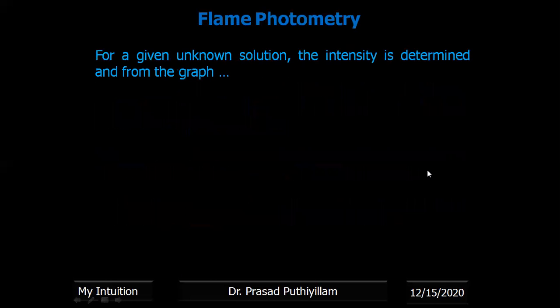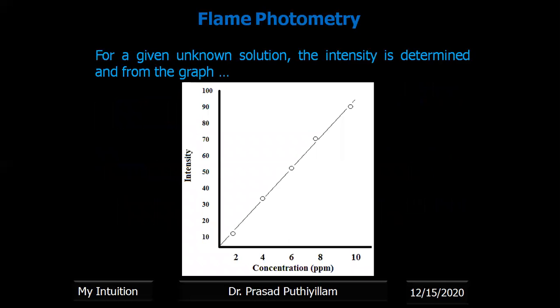Now for the unknown solution, whatever unknown sample is given to us, we need to measure its intensity. We need to aspirate it into the flame. The intensity reading will be displayed. That intensity reading we need to note down on the graph, and we need to draw a straight line parallel to the x-axis.